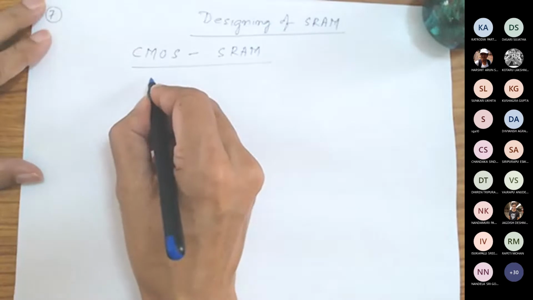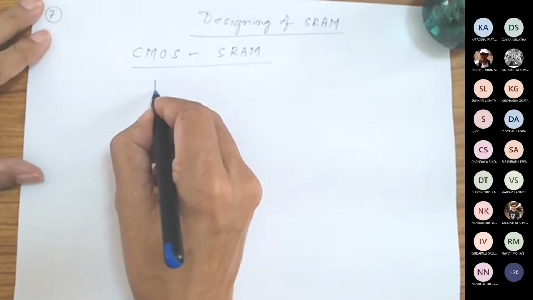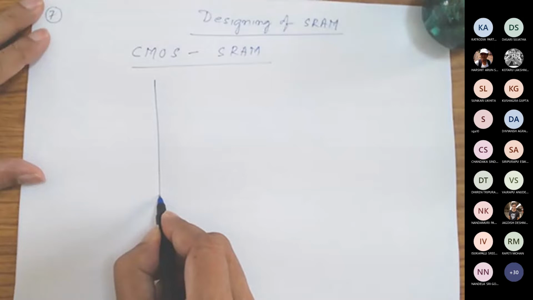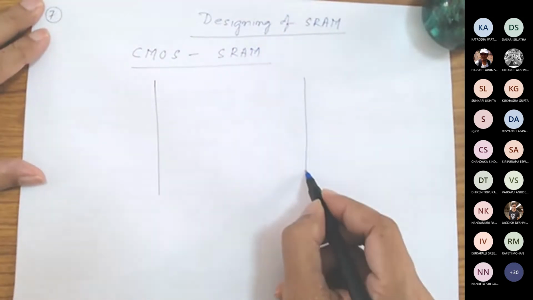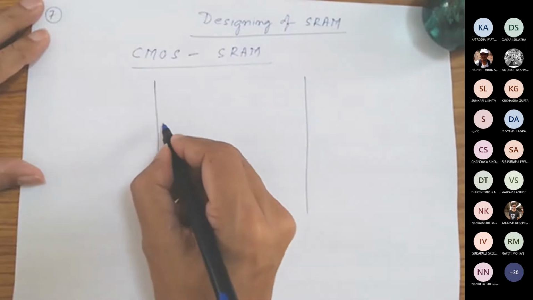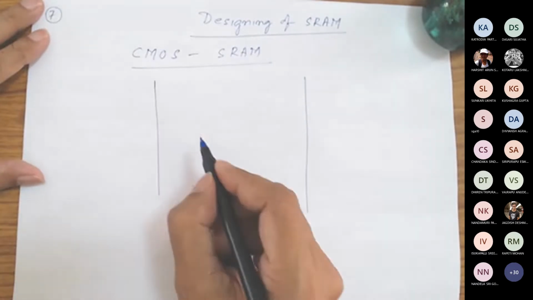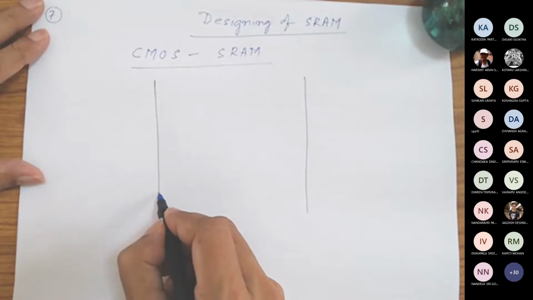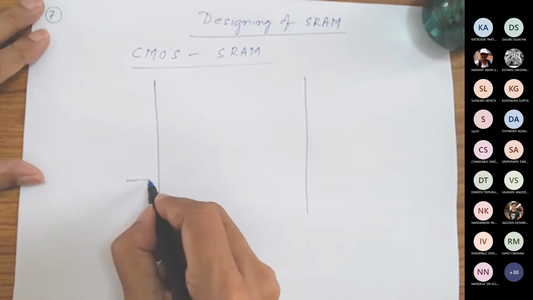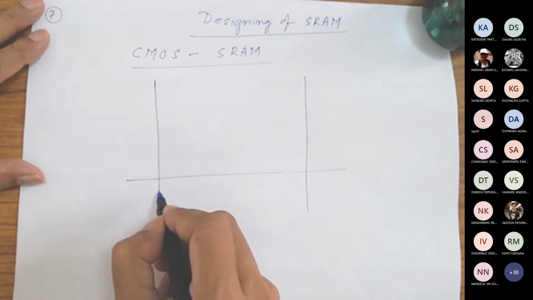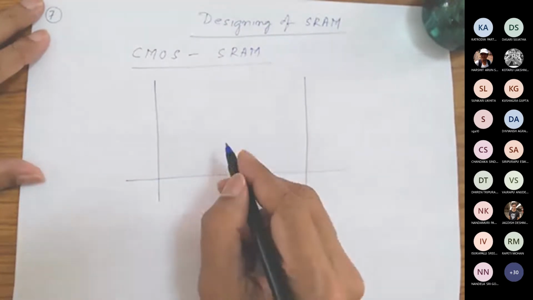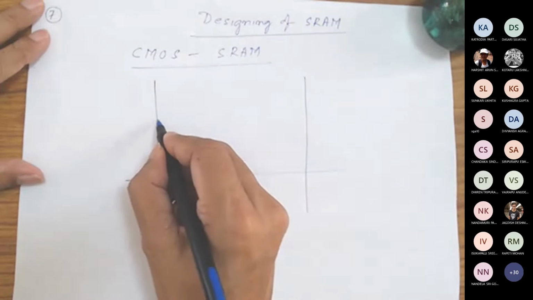So the diagram looks like this. These are not connections, these are crossing wires. Wherever the connections come, we will make them bold.